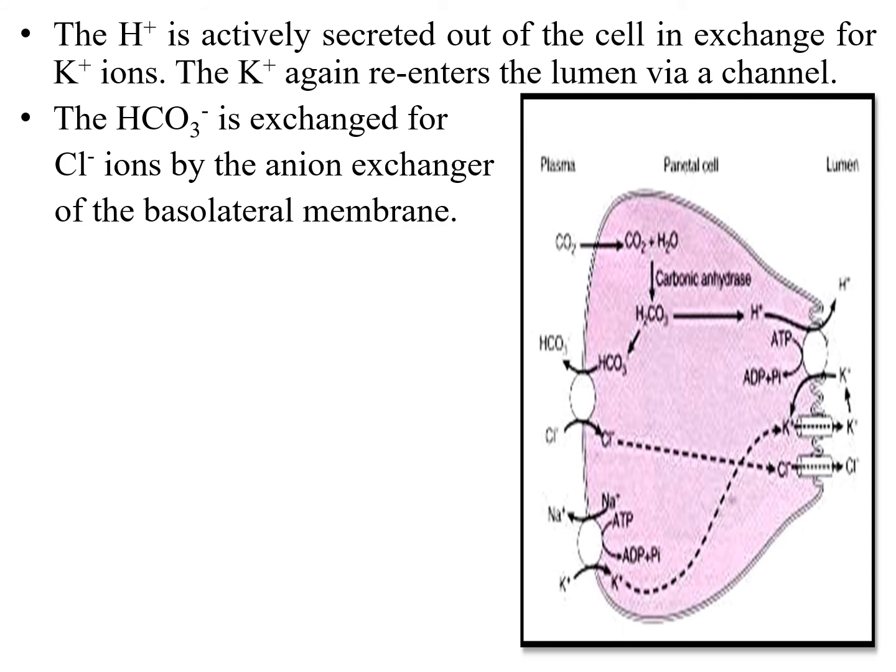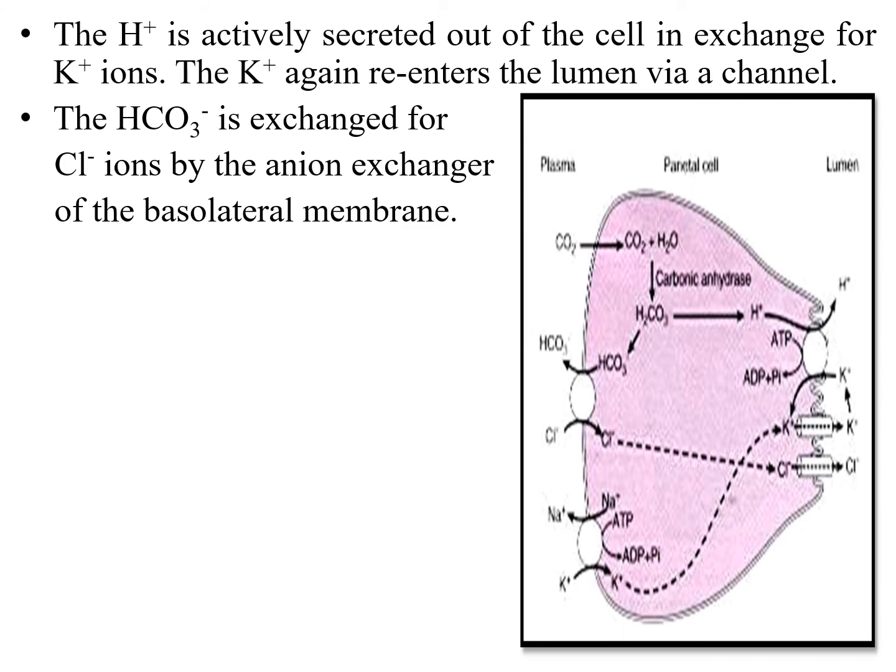This bicarbonate goes out and in exchange of it chloride comes in because of this particular protein present on the basolateral side. The chloride that comes in is also excess because bicarbonate was excess, chloride is also excess.